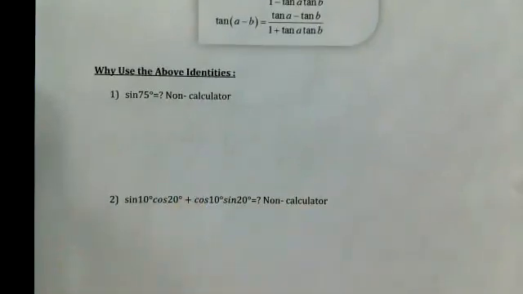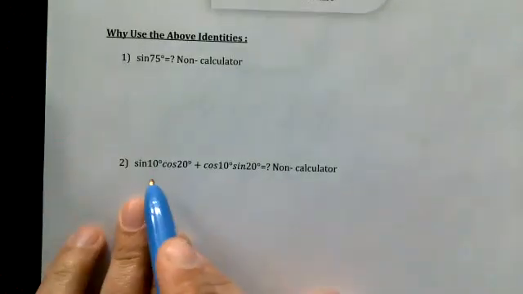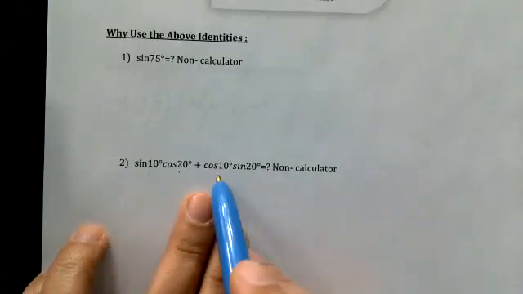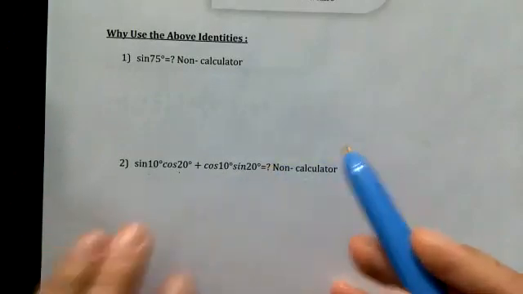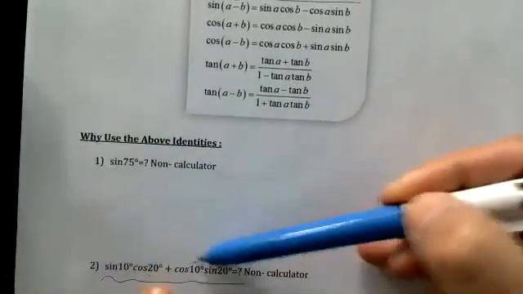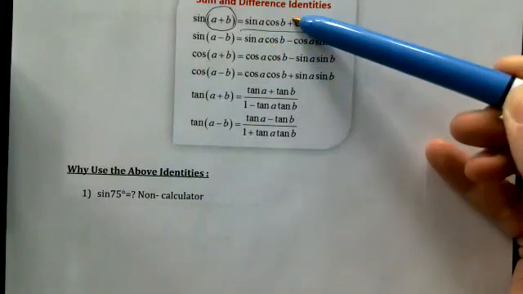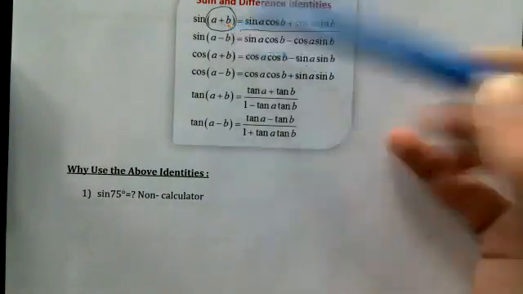So why use the above identities? If I want to do sine of 10 times cosine of 20 plus cosine of 10 times sine of 20, I can't compute those individually. But I recognize the pattern sine, cos, cosine, sine with a positive in between, it will be sine of a plus b.